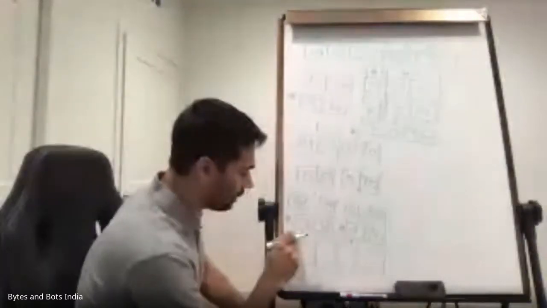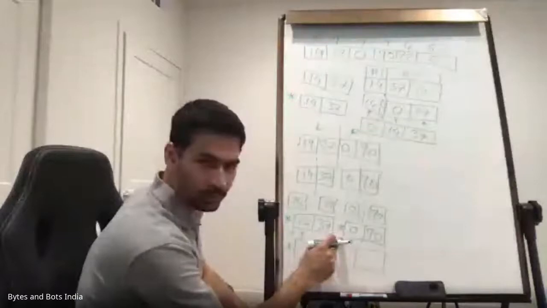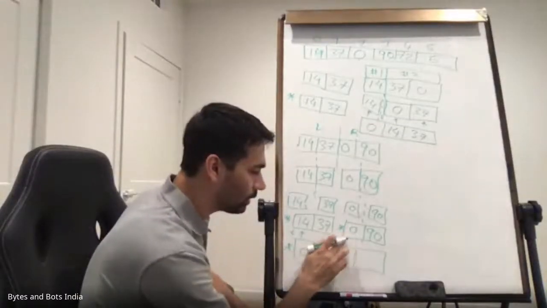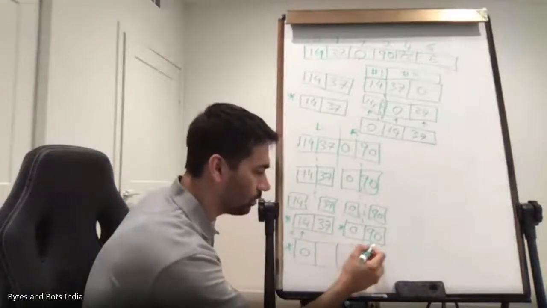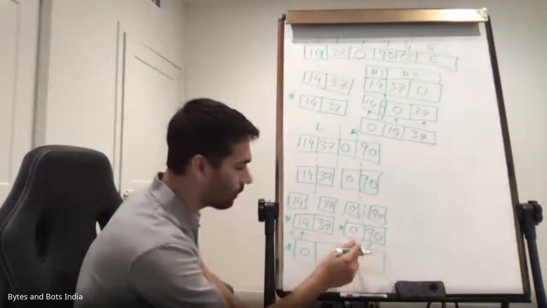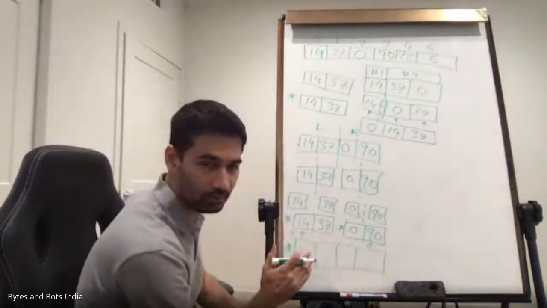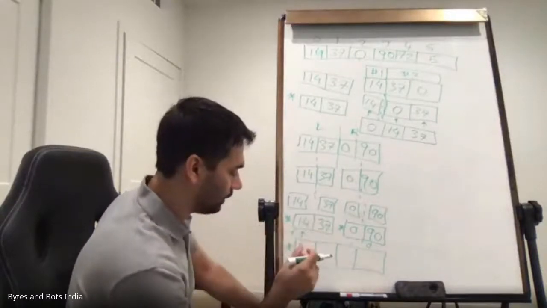So is 14 smaller than 0? No, 0 is smaller. So we copy 0 and then we increment the j index. We don't do anything with I because we have not copied anything from the left half yet.